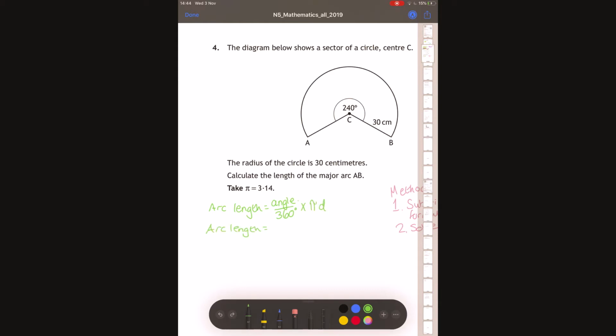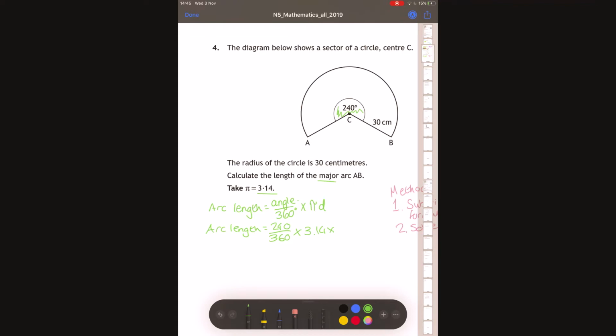So what angle do we use? Well, it says major arc, so we're using this one, the biggest one: 240 over 360 times pi. It says to take pi as 3.14, times 3.14 times d.